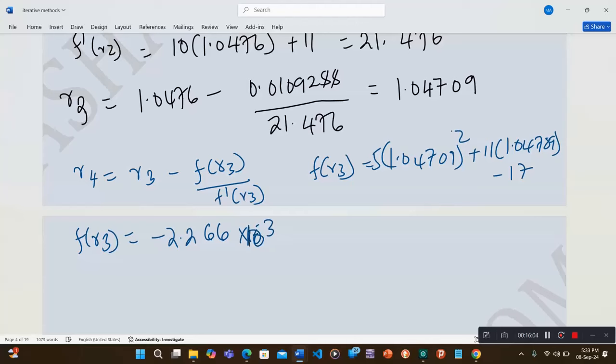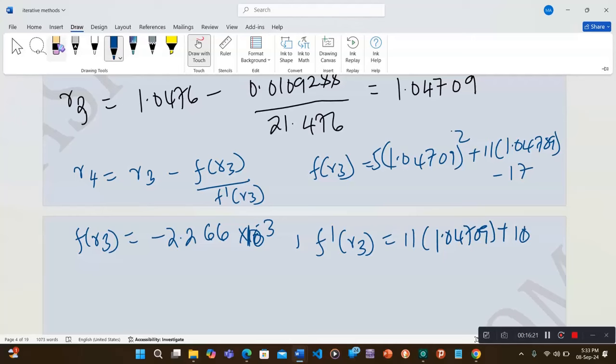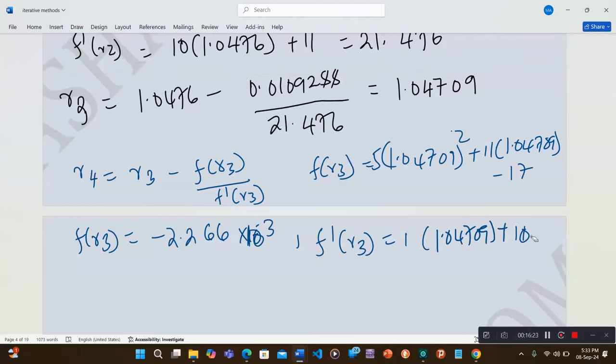Then I also need to get f prime of R3, which is the same as 10 times 1.04709 plus 11. Is it 10 or 11? It should be 10.